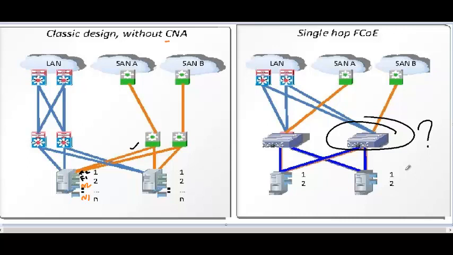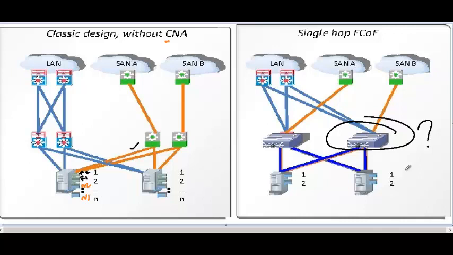The Catalyst switches cannot do this. When you have a CNA adapter on the server, you cannot use a Catalyst switch. Catalyst switch doesn't understand FC signals. When FC traffic is sent out from the server, the Catalyst switch doesn't know what to do. It will simply drop it.